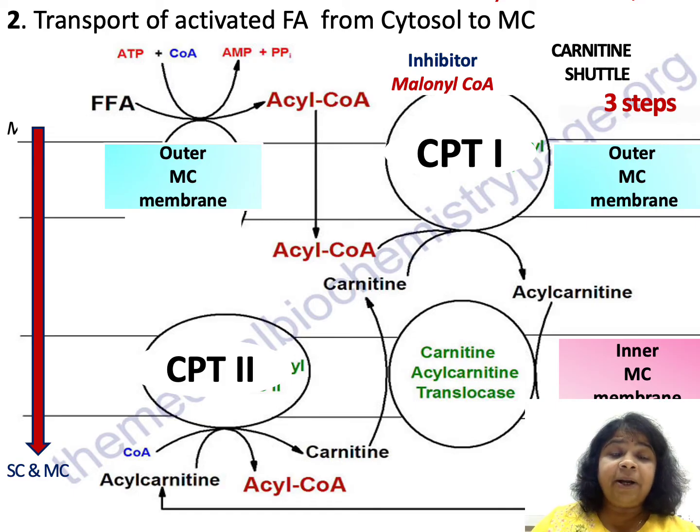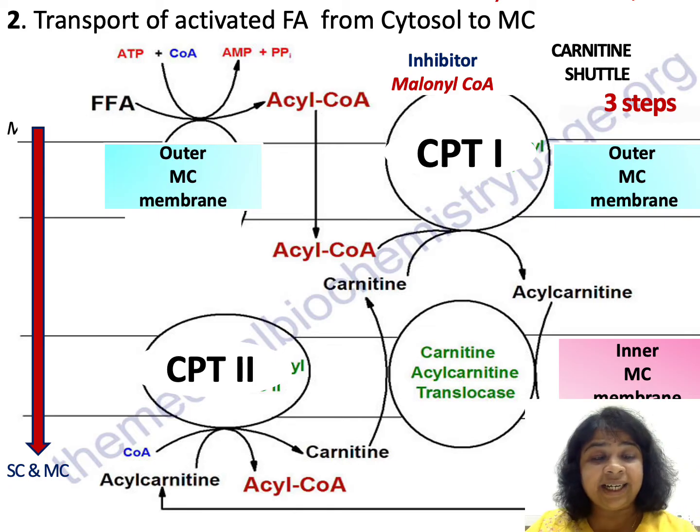In the inner mitochondrial membrane we have CPT2, that is carnitine palmitoyl transferase 2 or carnitine acyl transferase 2, which will now re-esterify the fatty acid with coenzyme A and carnitine is released. So acyl carnitine plus coenzyme A will form acyl CoA plus carnitine.